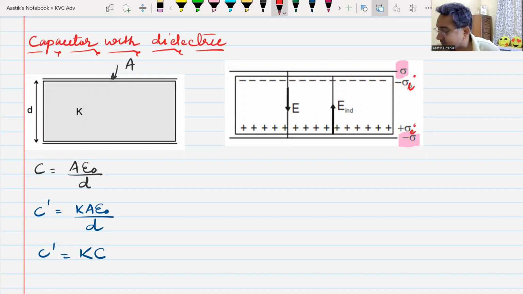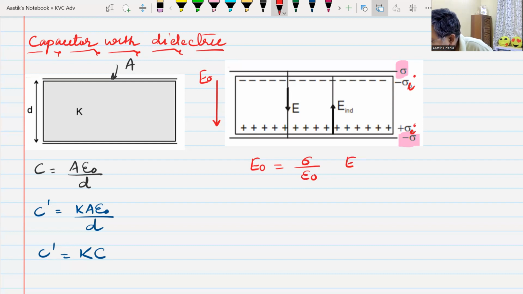The original E naught is like this. This original E naught can be written as sigma by epsilon naught. Everyone is able to understand this, yes or no? Yes, sir.